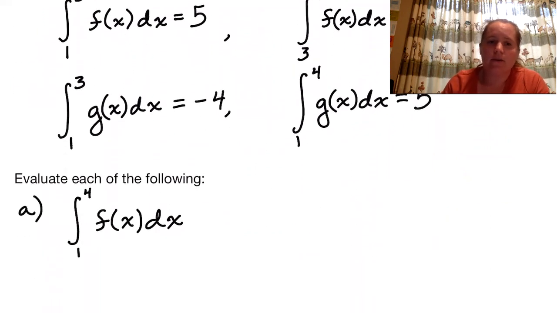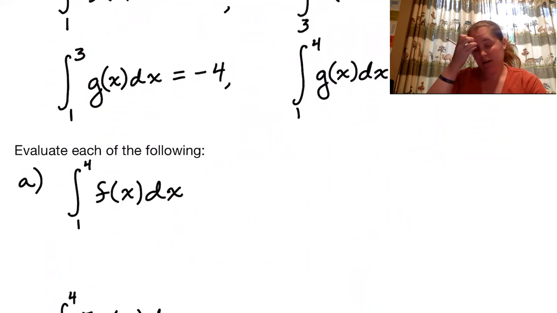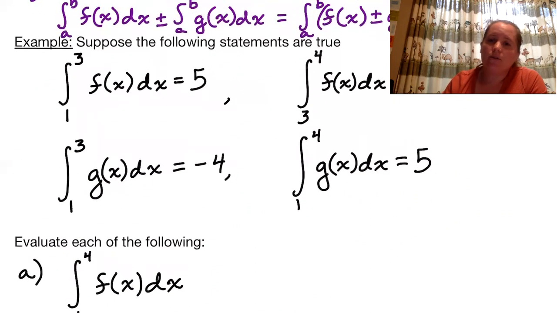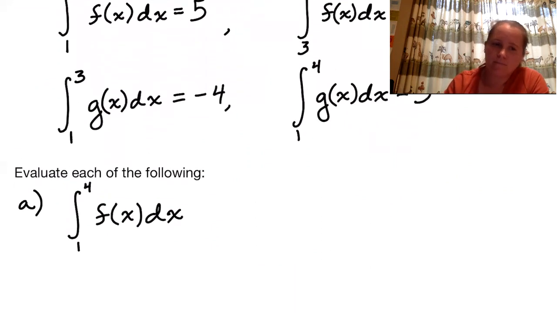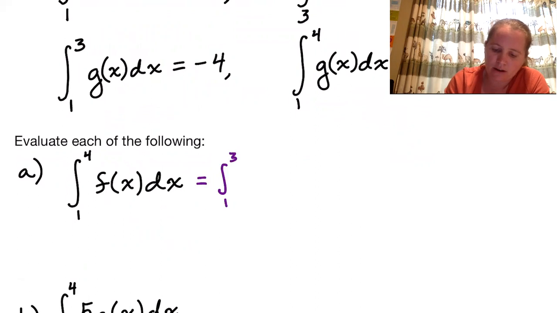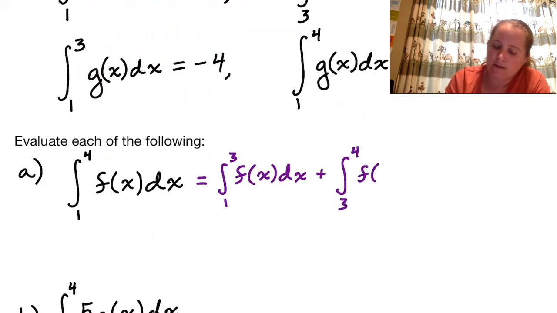So the first thing we're going to do is we want to evaluate the definite integral from 1 to 4 of f of x dx. So we know from 1 to 3 and from 3 to 4. So we can go ahead and split this. This is the same thing as the definite integral from 1 to 3 of f of x dx plus the definite integral from 3 to 4 of f of x dx.